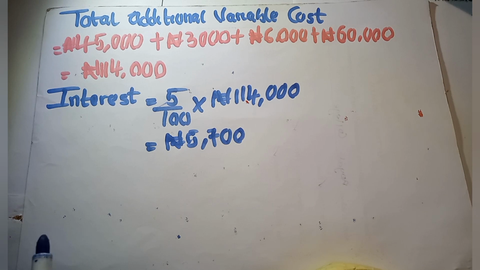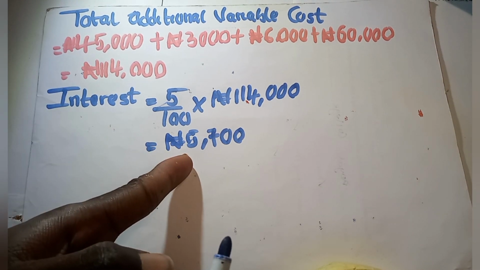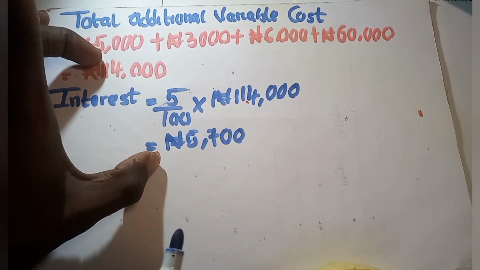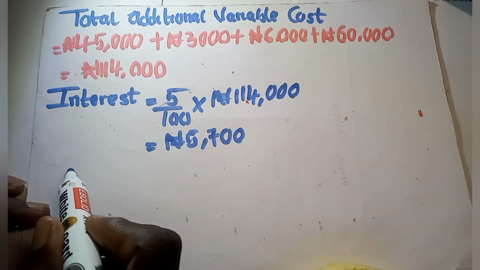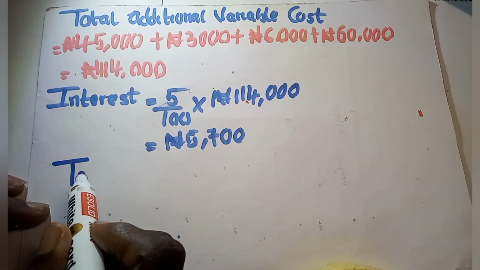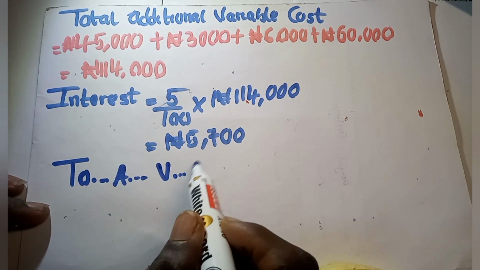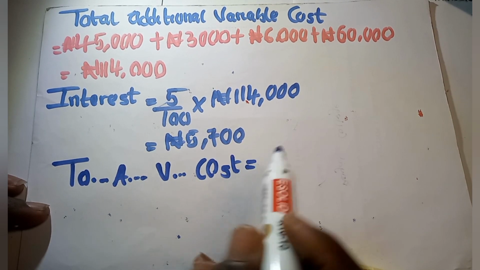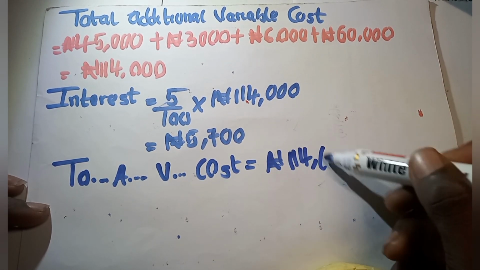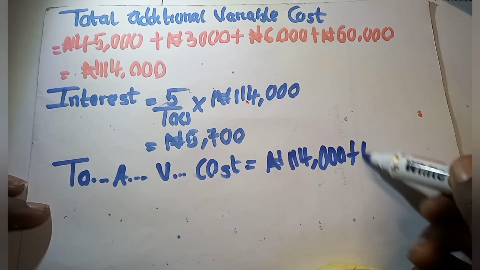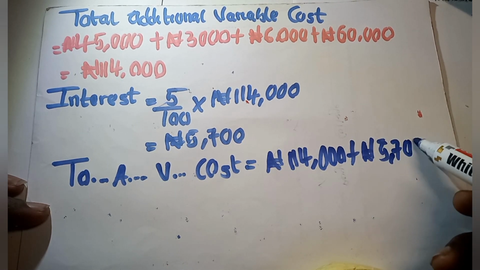So the total additional variable costs is equal to 114,000 naira plus 5,700 naira.